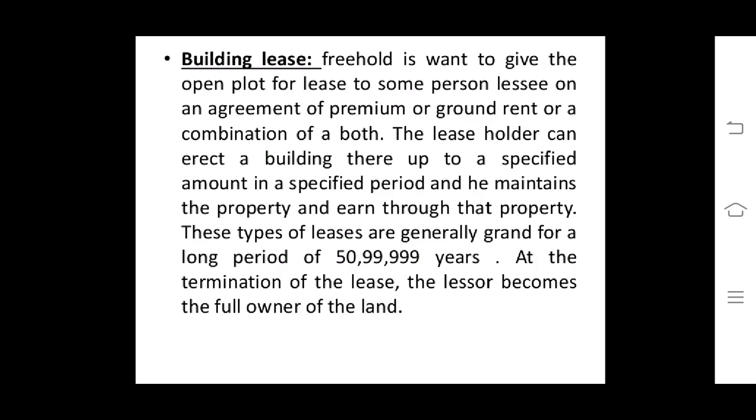At the termination of the lease, the lessor becomes the full owner of the land. Occupational lease, sublease, life lease, and perpetual lease. These types of lease are generally used for residential properties and other types of structures.